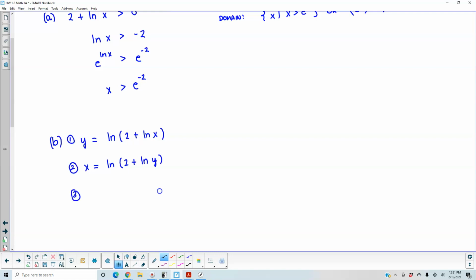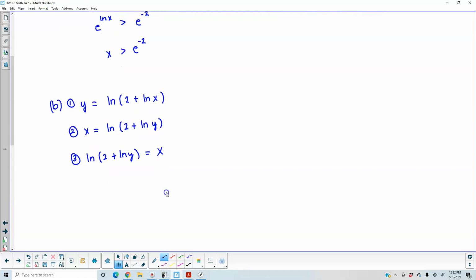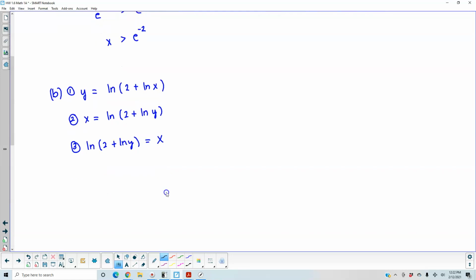And now we're going to solve for y. So we have the natural log of 2 plus the natural log of y, which is equal to x. So what we can do is exponentiate both sides.